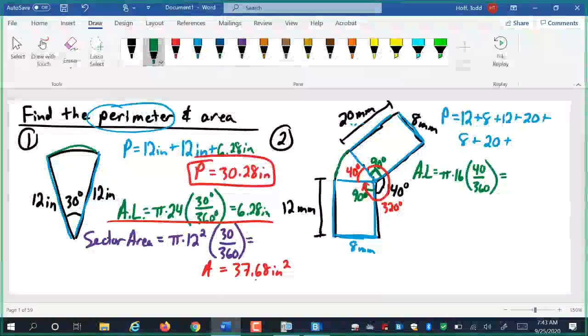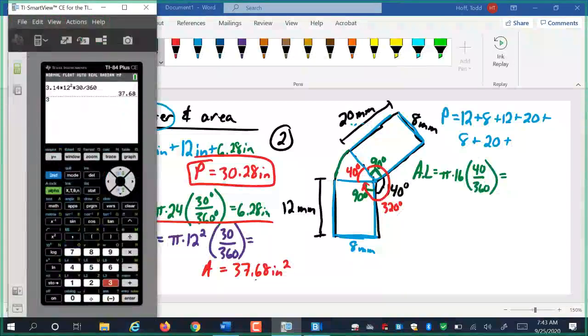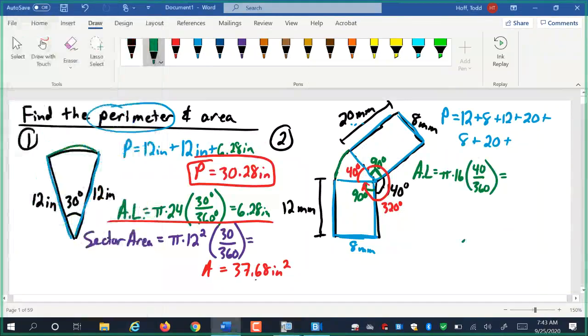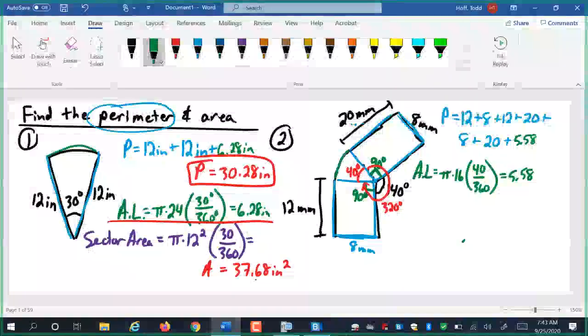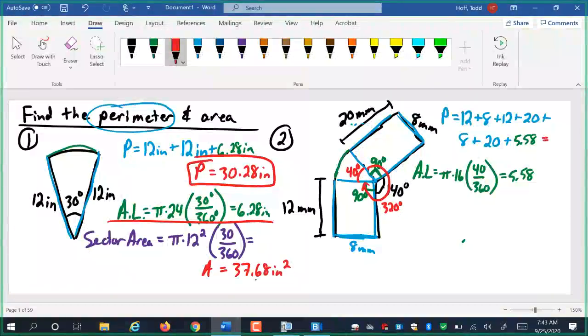So we will do 3.14 times 16 times 40 over 360, giving us 5.58 millimeters for that arc. So that's all of our pieces there. What do we have? We have 20, 40, 60, 85.58 millimeters for our perimeter.